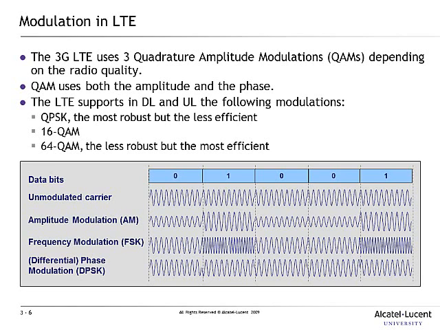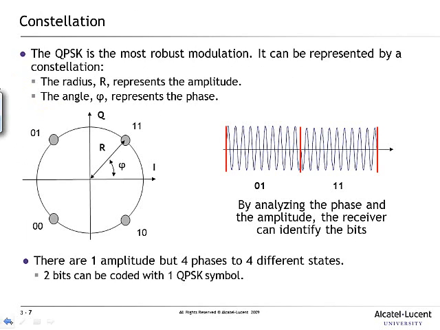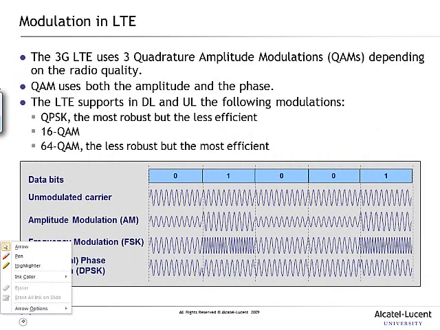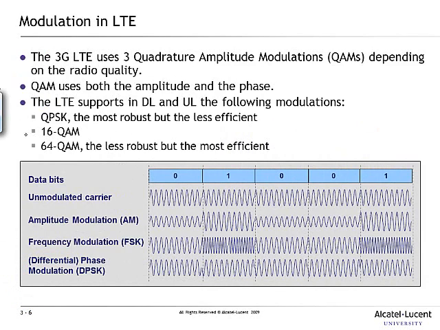We can either use something called QPSK, where one symbol is represented by 2 bits, or we can use 16 QAM, or we use 64 QAM. So these are the 3 possible modulation schemes that can be used in LTE. Okay, and this is both in the downlink as well as in the uplink direction.